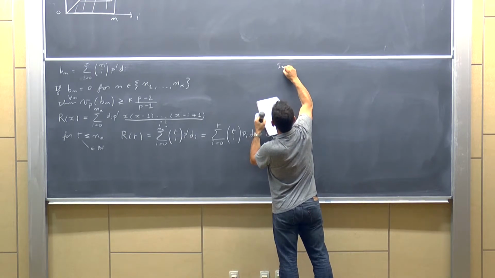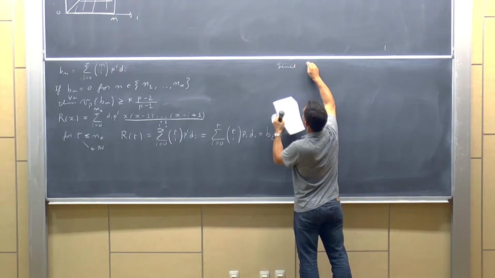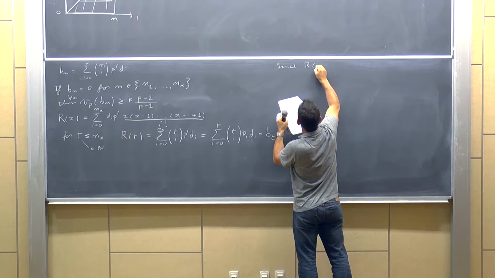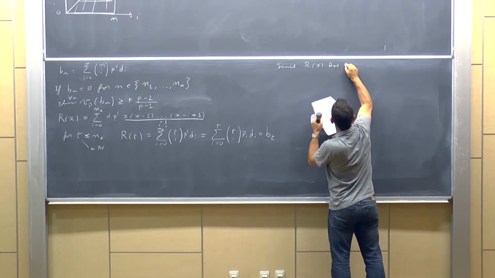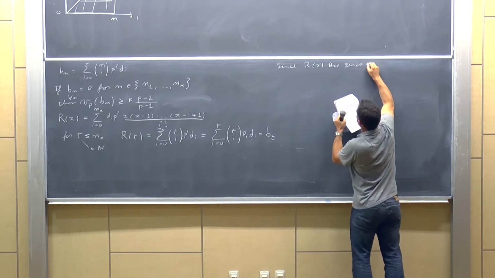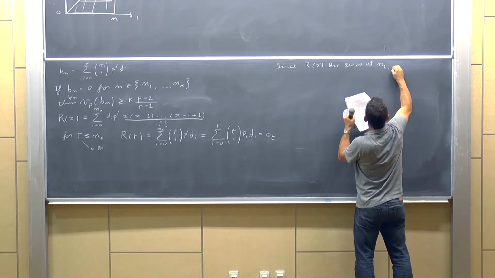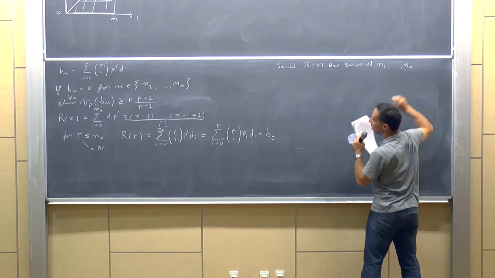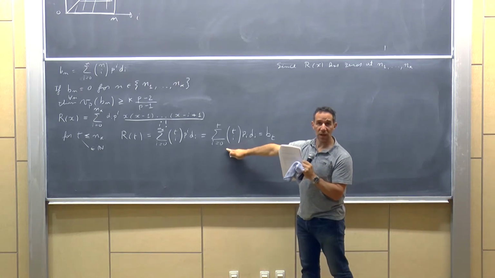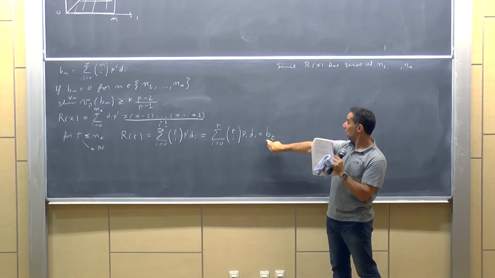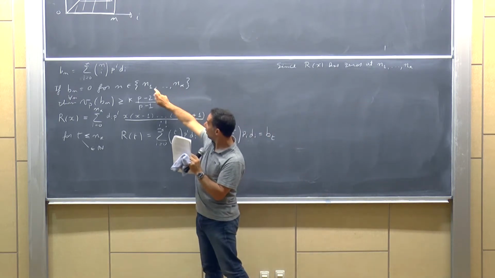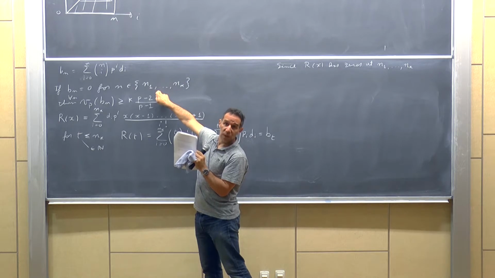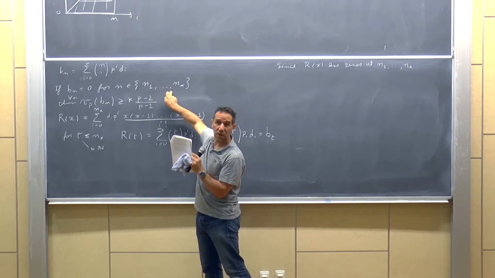Now, since r of x has zeros at n_1 up to n_k, because r of t is b_t, and we're assuming that b_{n_1} up to b_{n_k} are 0, right?